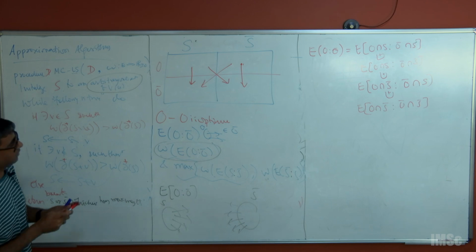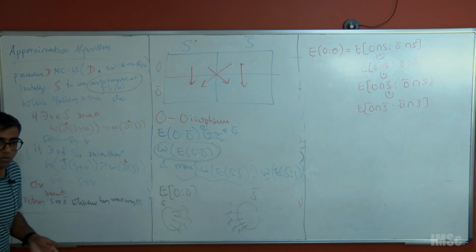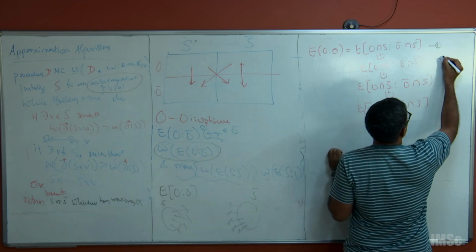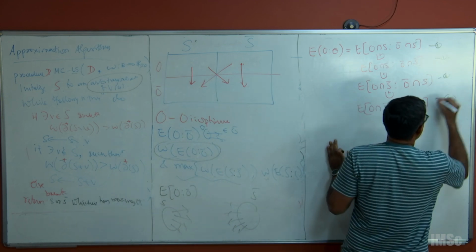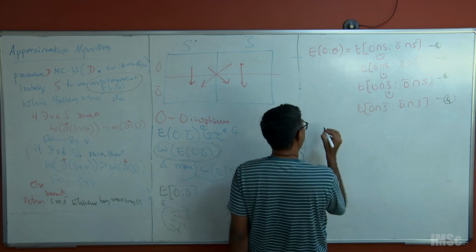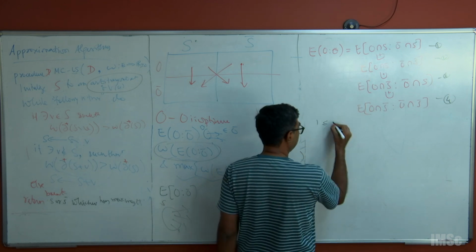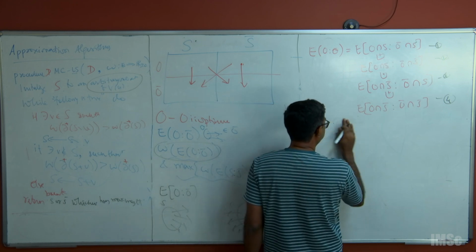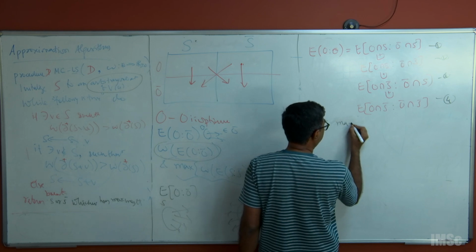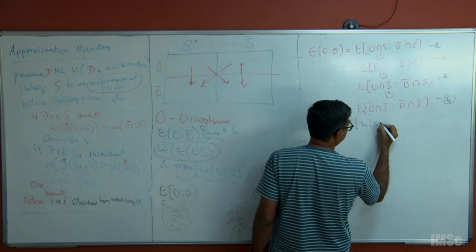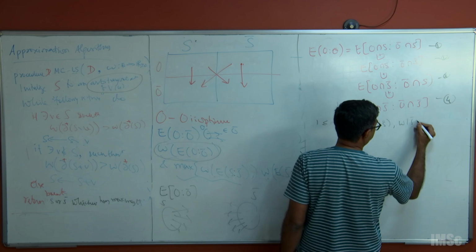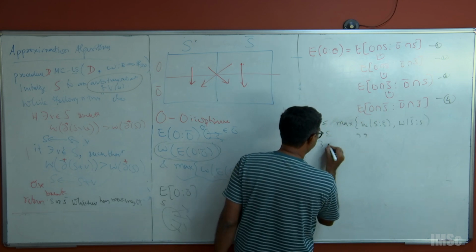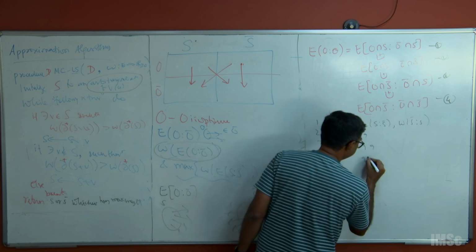Imagine that I can show that each of these four quantities, let's say this is 1, this is 2, this is 3, and this is 4, is less than or equal to the max of weight of S comma S bar and weight of S bar comma S. If I show 1 is at most this, 2 is at most this, 3 is at most this, and 4 is at most this, then what can we say?